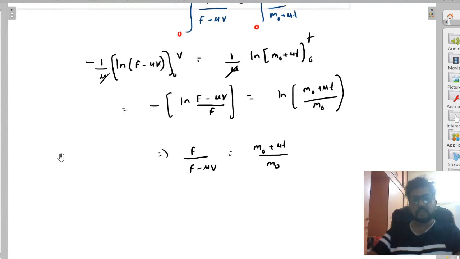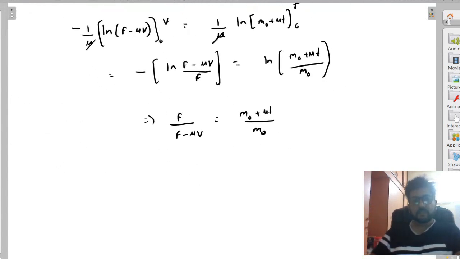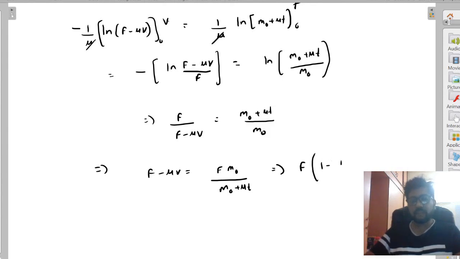So from this you will get F minus mu v is equal to F m naught upon m naught plus mu t, right? So from this you will get F, taking F common, 1 minus m naught upon m naught plus mu t, is equal to mu v.